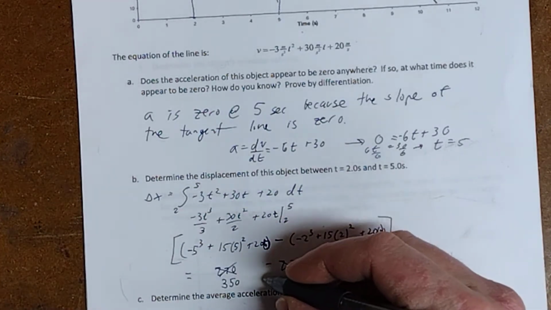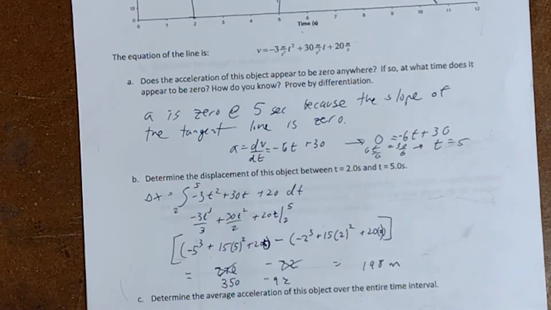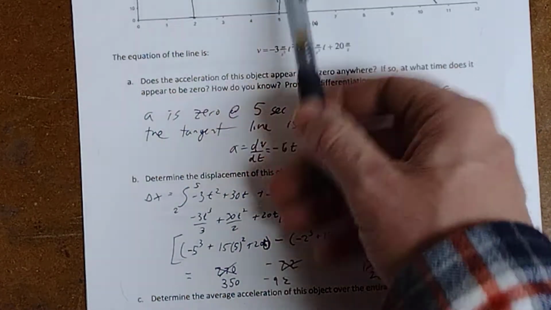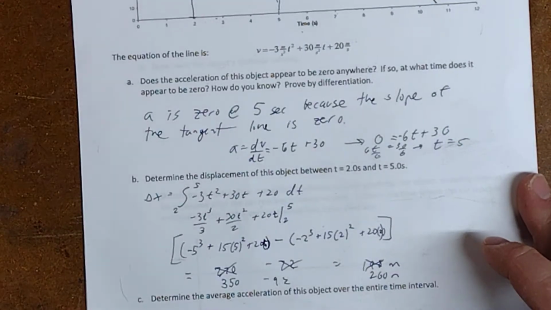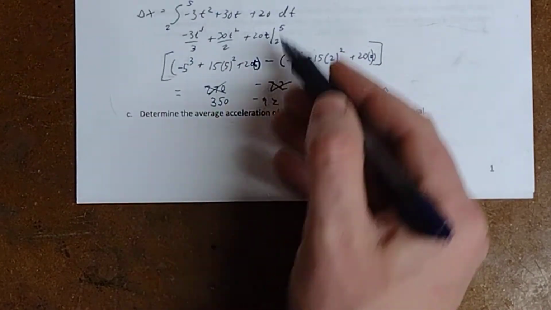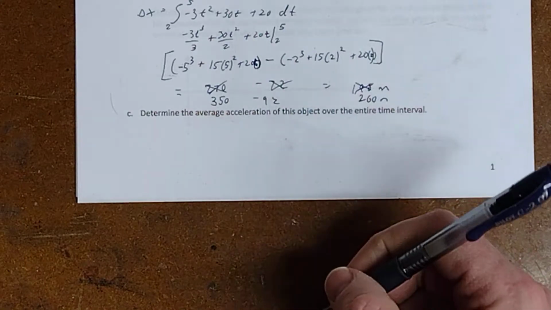That's 92. So 350 minus 92 is about 260. 260 meters, much closer to what I calculated up here. So that's probably a good answer. Sorry about that. So don't forget that t there. I've done that a couple times actually.